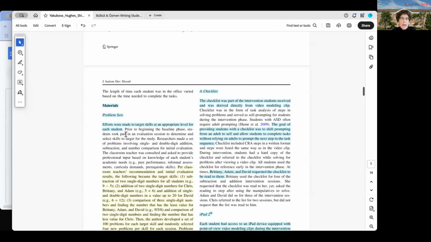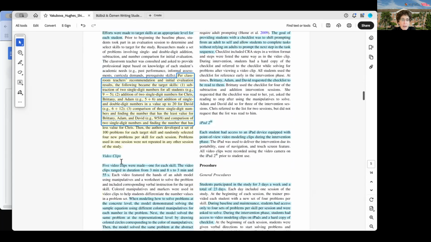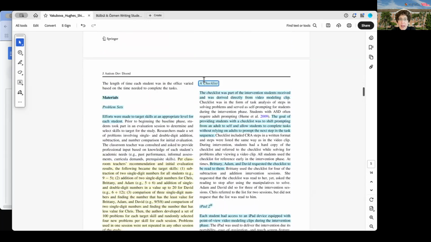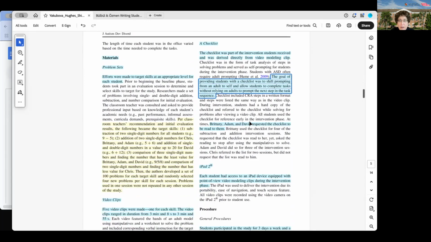Okay, so then they had to make the materials for the students and they talk about it. They made videos and they talk about that. And then they had a checklist. I think I've forgotten if the checklist was for the students. I guess it is for the students to be using to help them go through and work independently. So they were helping themselves self-monitor if they were using CRA, I'm sure.